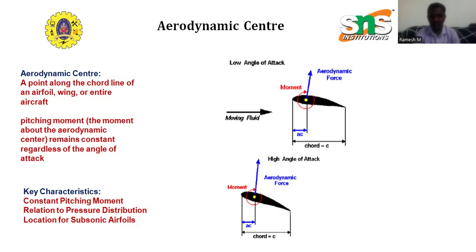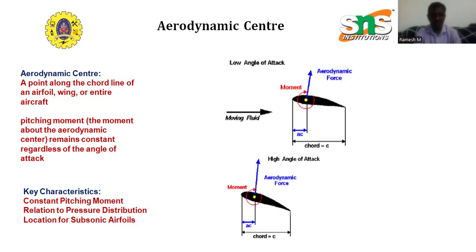Location for supersonic airfoils. For subsonic flow, we said it is the quarter chord point. But for supersonic flow, the aerodynamic center shifts closer to the mid chord point, around 50% of the chord length. This is due to the influence of shock waves and the changes in the pressure distribution in high speed flows.